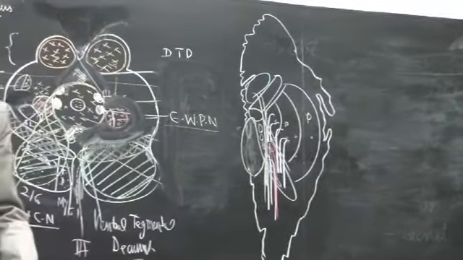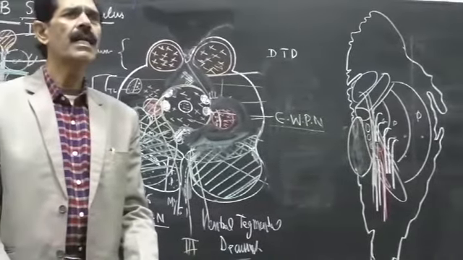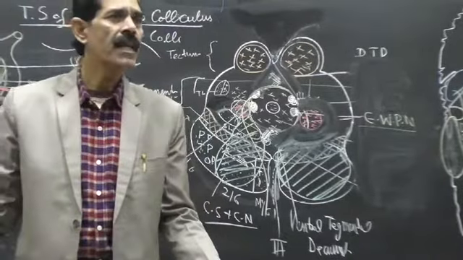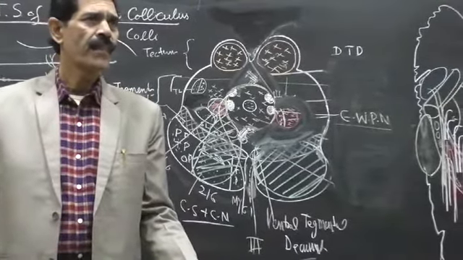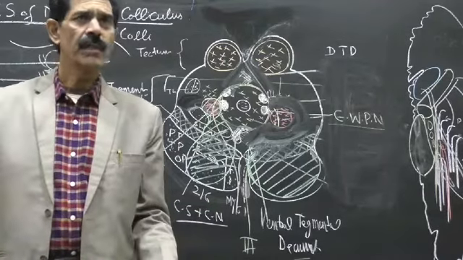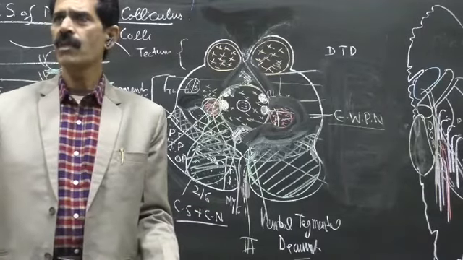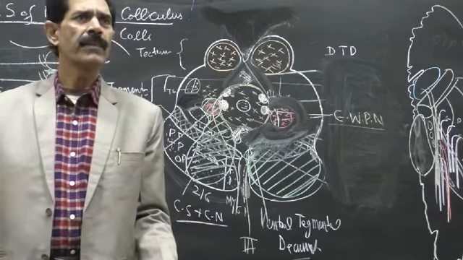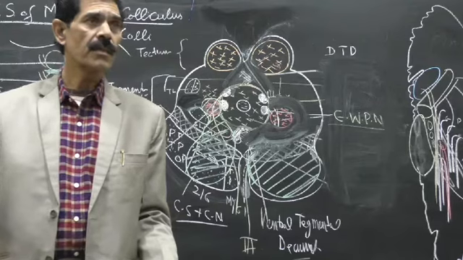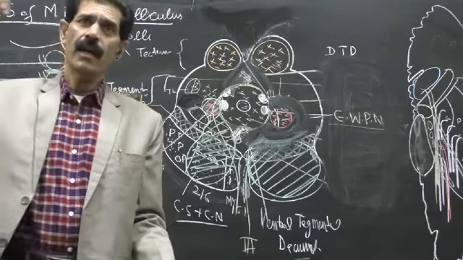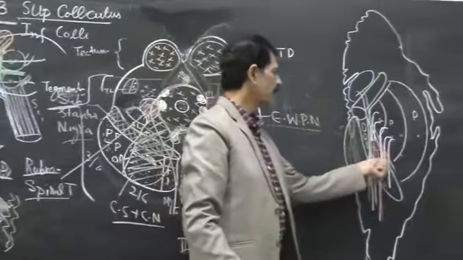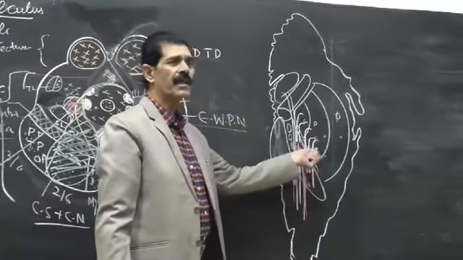What is the main function of the basal ganglia? They are inhibitory in function, while the corticospinal and rubrospinal fibers are excitatory. They bring about the coordinated muscular movements of the body. The red nucleus and rubrospinal fibers bring about the tone of the muscles. So accompanying the excitatory fibers are the inhibitory fibers of the basal ganglia.